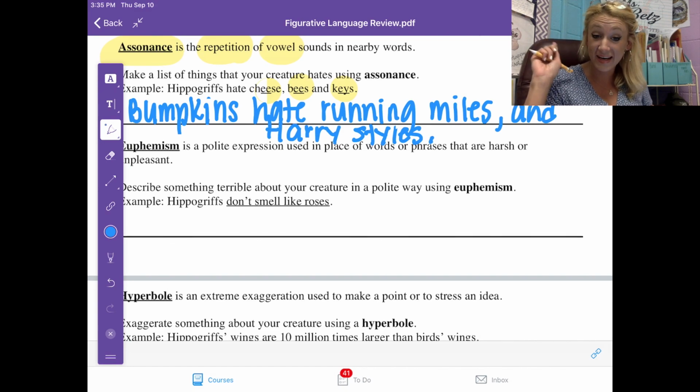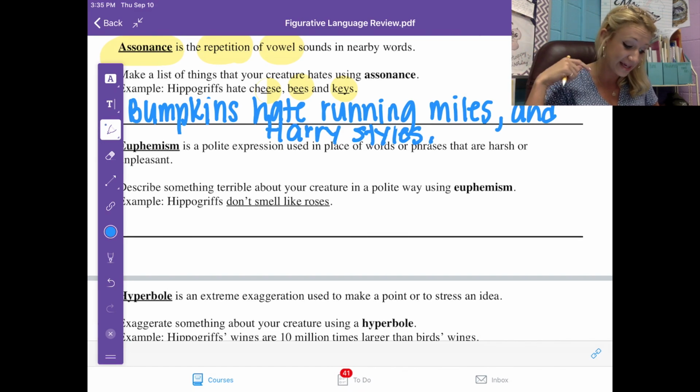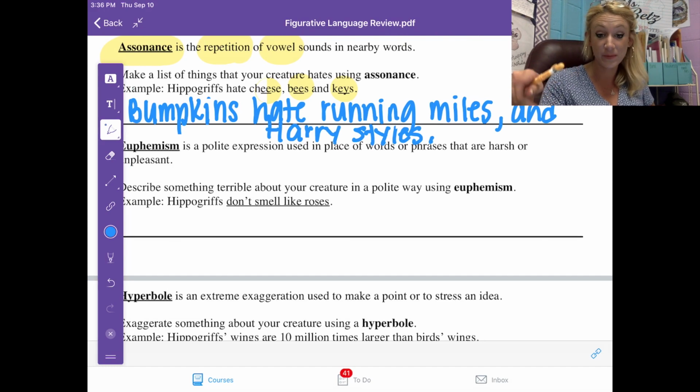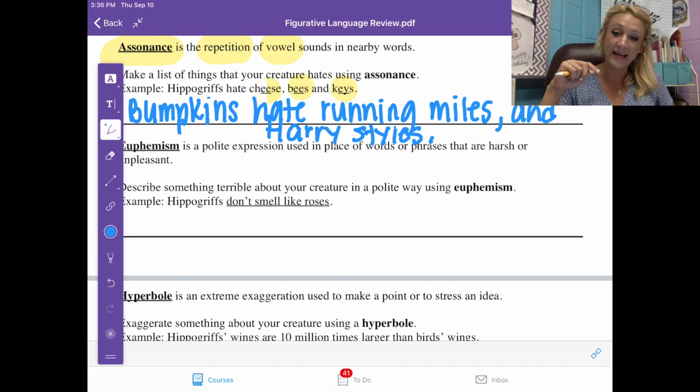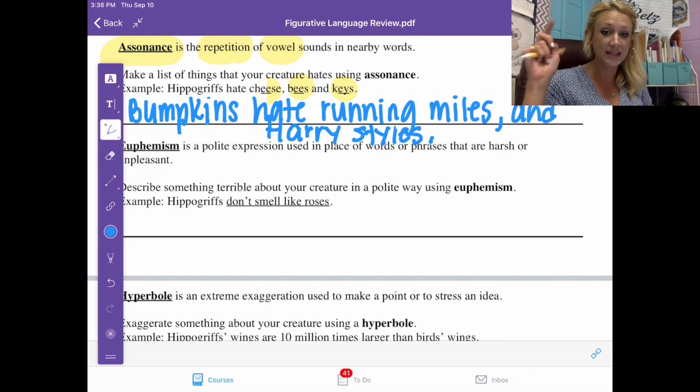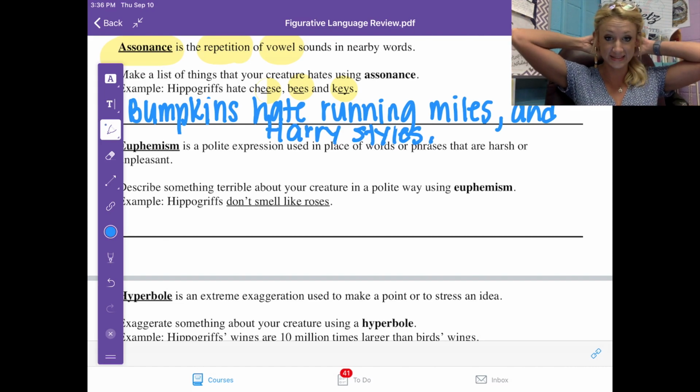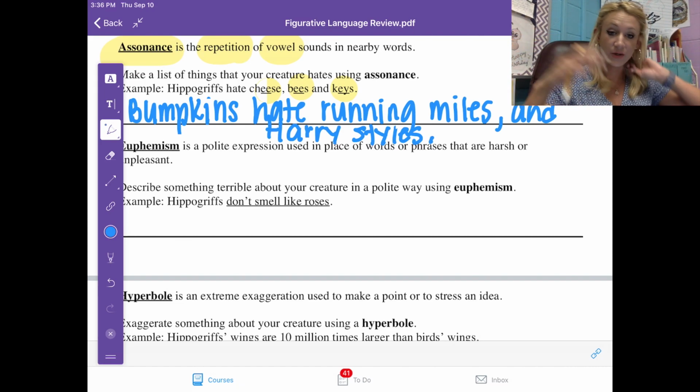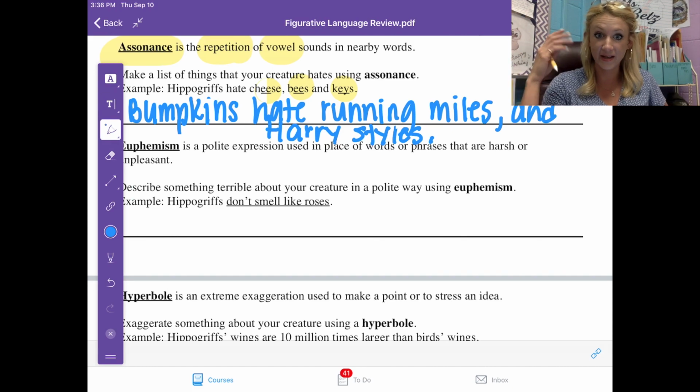Okay, I have a reference to someone of cultural significance, so not only am I using assonance here, but I'm also using an allusion. So two in one. So go ahead and make a list of things that your creature hates that uses assonance. And you can pause this video if you're still thinking and working. I'm just going to move through it, but feel free to pause to move and work at your own pace.